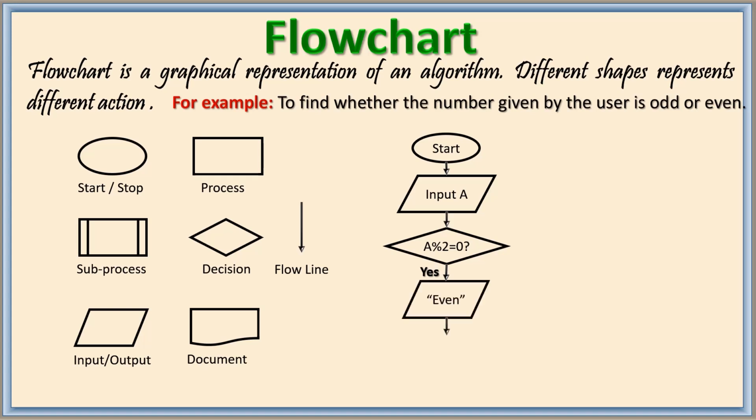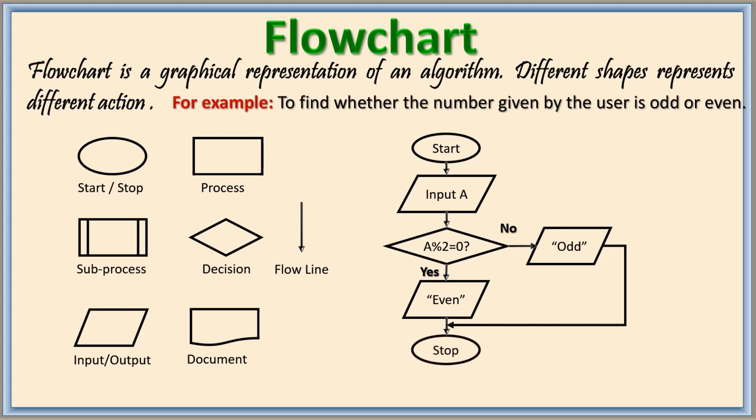If yes, then it is even. If no, it is odd. Here the decision box will always have two directions, and then both will come to the next step or to stop. Here we are not having any other task to do further, so it comes to stop.